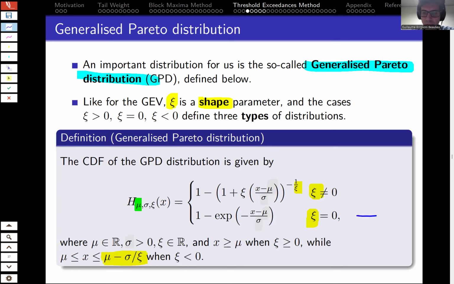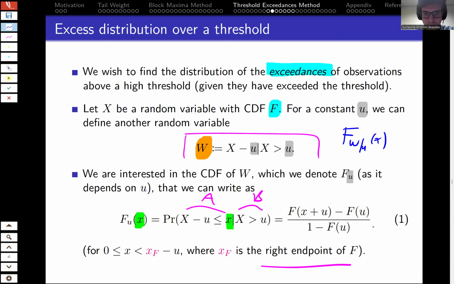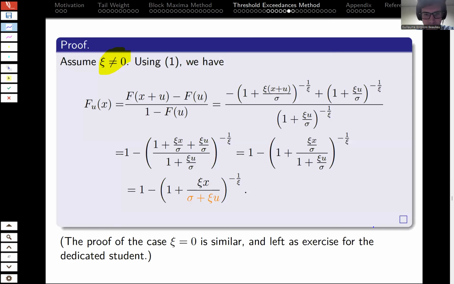But let's assume we have Xi not equal to 0, and you can reproduce the proof, just follow the same steps in the case c equals 0, you should get the same result. This is what is written here. The case c equals 0 is similar and is left as an exercise for the dedicated student. Yes, I am talking to you.